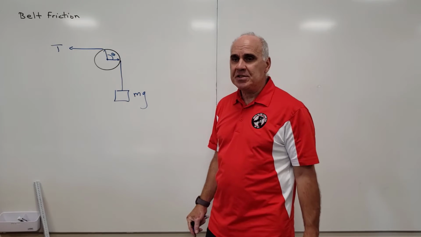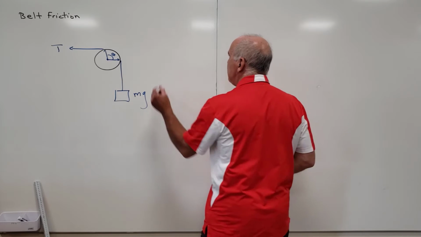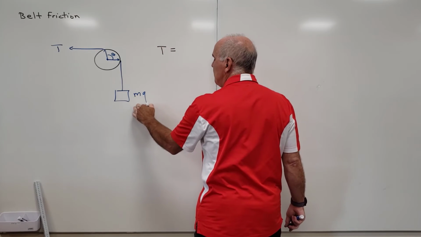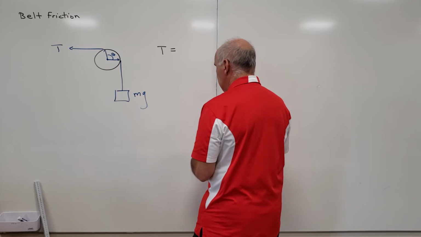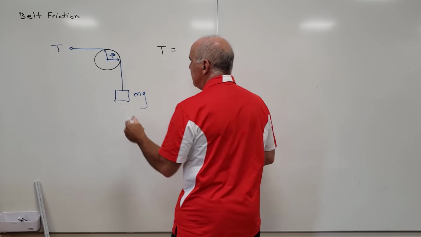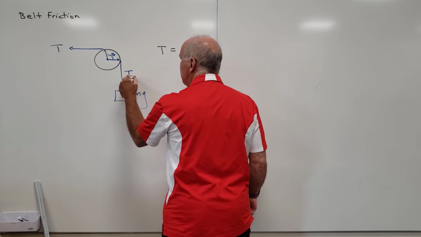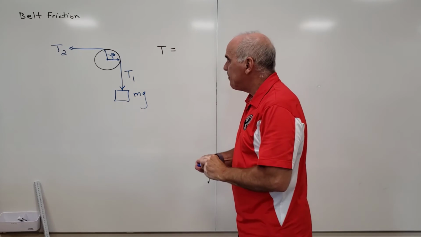It turns out there is an equation relating the tension required to move this weight. Let me relabel this slightly. This weight is equivalent to the tension on this side, so I'll call that T1, and T2 is the tension over there.